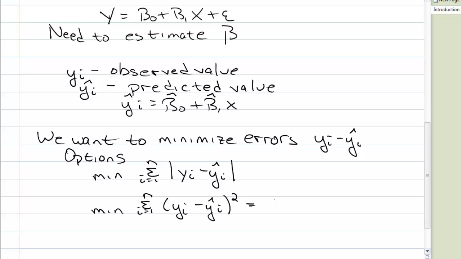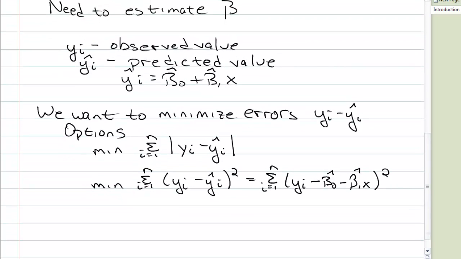In particular, if I rewrite this, I'm going to take my observed minus my predicted, which is beta naught hat plus beta 1 hat x, and I want to find beta 0 and beta 1 that minimize this summation. That's called least squares. This term here is called the sum of squared errors.